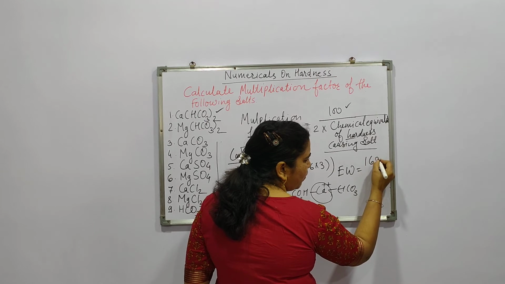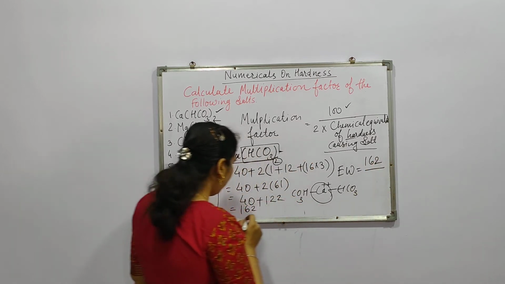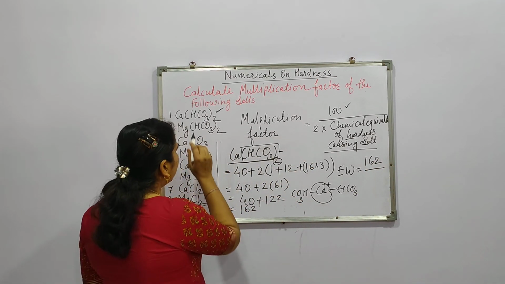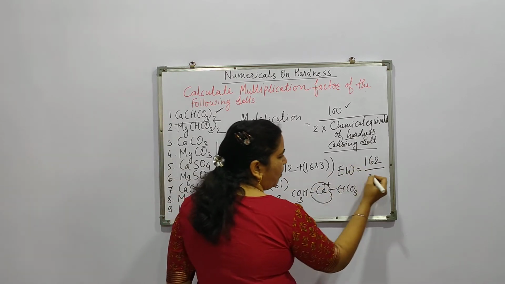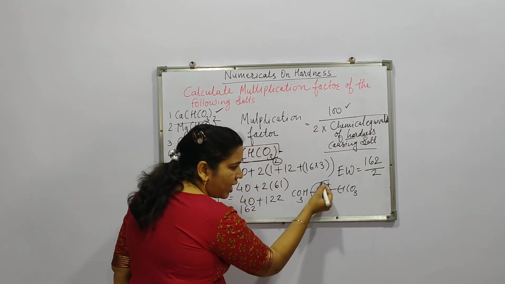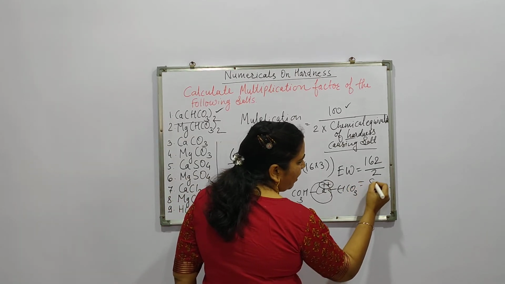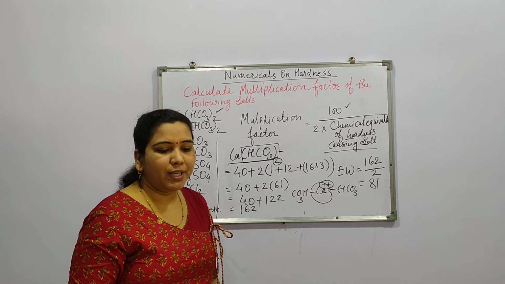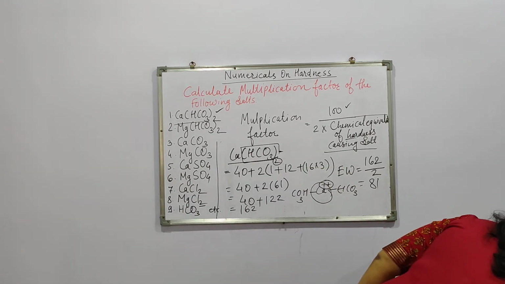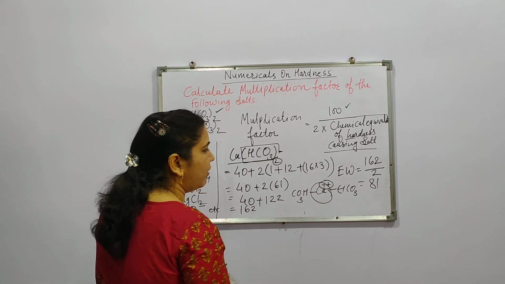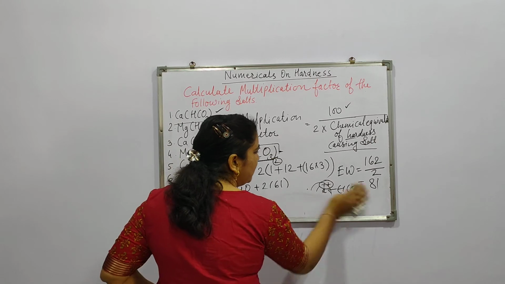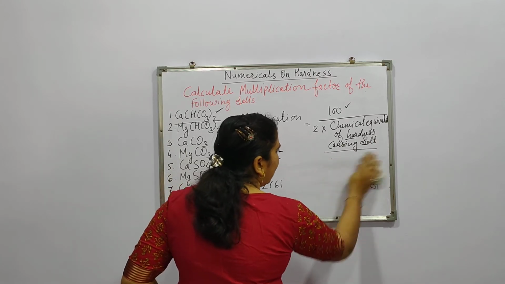The molecular weight of this particular Ca(HCO3)2 is 162. So 162 upon 2, because this 2 is the charge of the central metal ion, and in this way we get 81. So the equivalent weight of this particular Ca(HCO3)2 is 81.